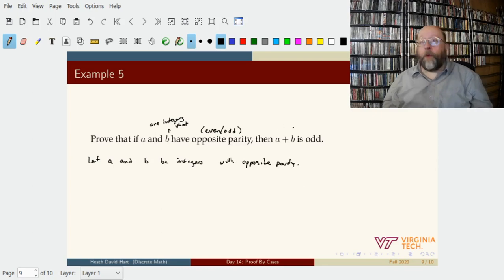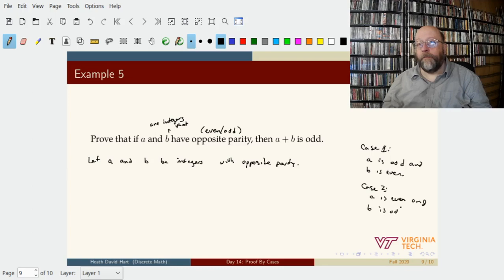Now we have two cases. The first case is that A is odd and B is even. And the other case is that A is even and B is odd.